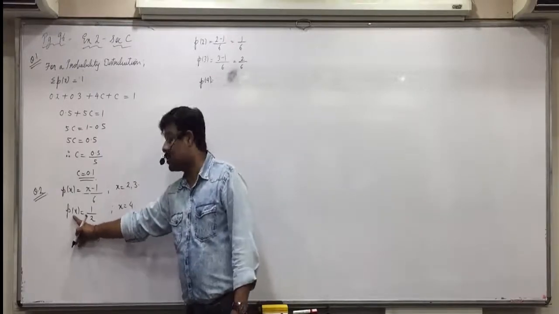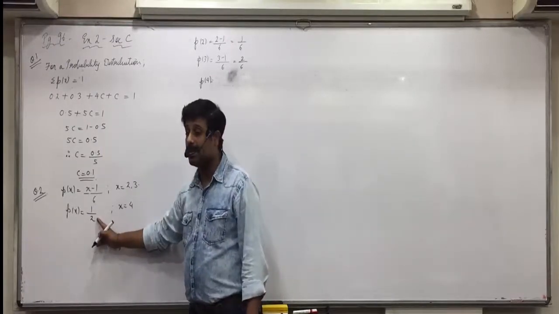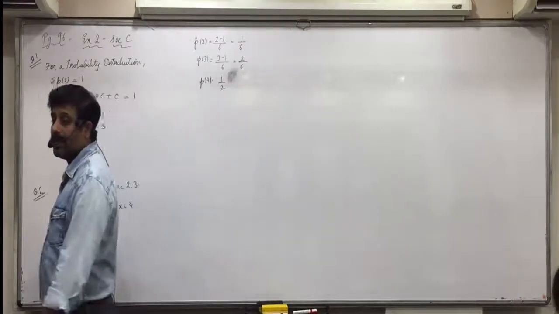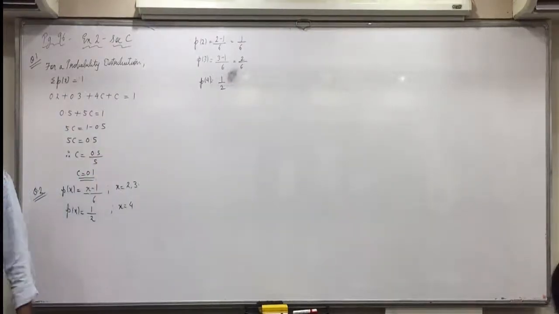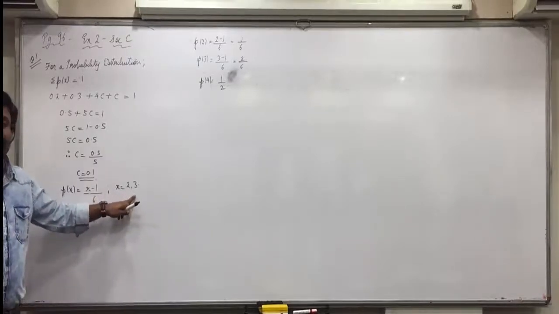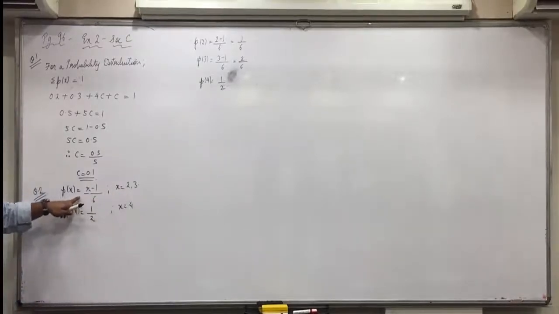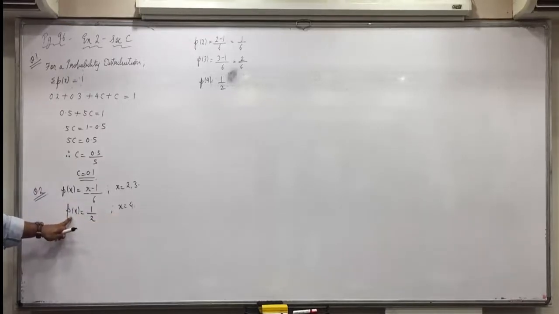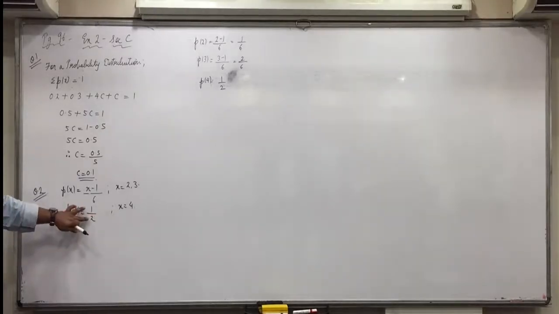So if in x you substitute 4, there is no x on the right side, so it is simply 1 by 2. Any confusions with this? Raise your hand. For 2 and 3, we substitute in function 1, and for 4, we substitute in function 2. But in function 2, there is no x on the right side, so even if x is 4, the probability is simply 1 by 2.